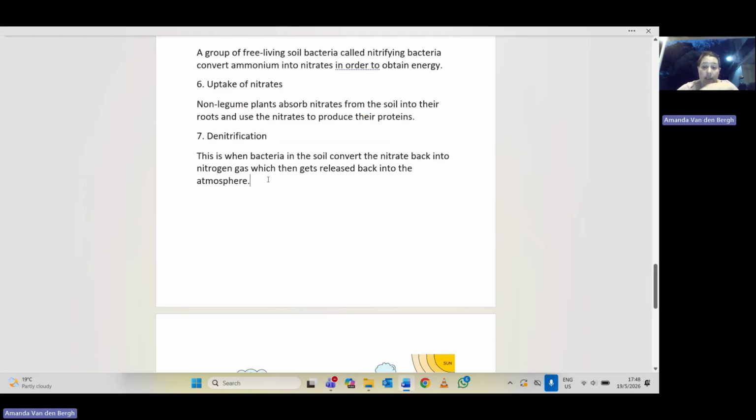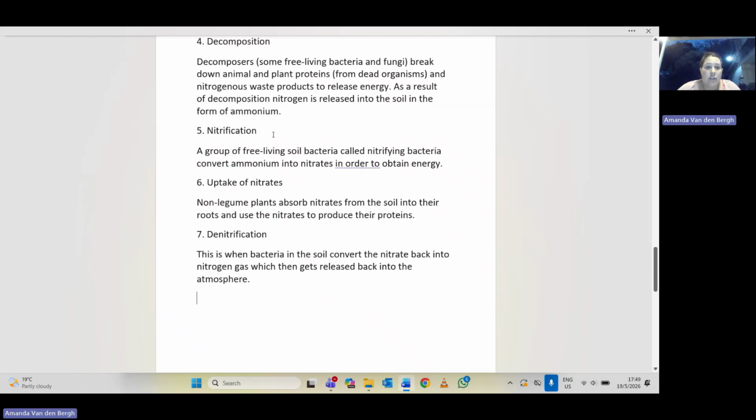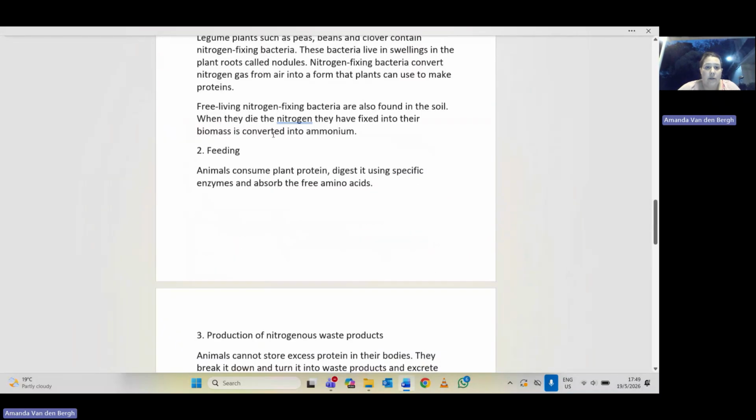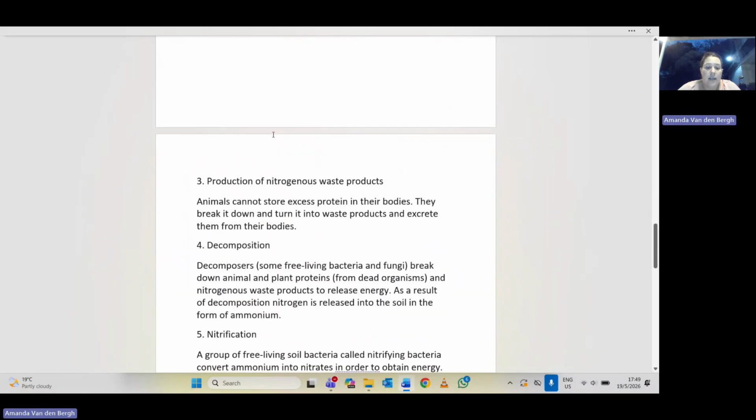Okay, so this is when you've got bacteria in the soil which take the nitrate and convert it back into nitrogen gas. So it would look like this. You can maybe write this in your notes somewhere, right?